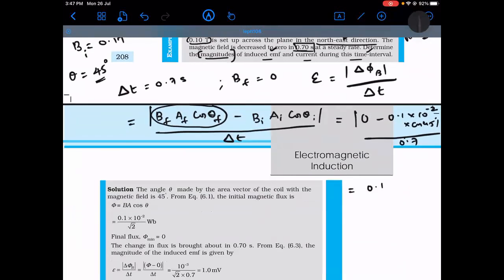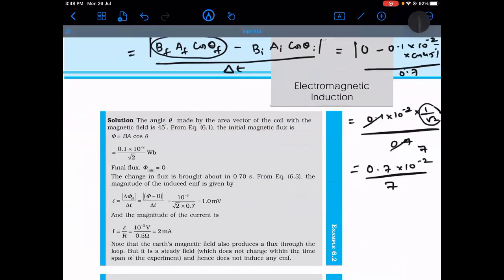So this will be 0.1 into 10 power minus 2 into cos 45, which is 1 by root 2, the whole divided by 0.7. But remember, 1 by root 2 is 0.707, which can be approximated to 0.7. So this will go 7 times. So 0.7 into 10 power minus 2 divided by 7 is this value.